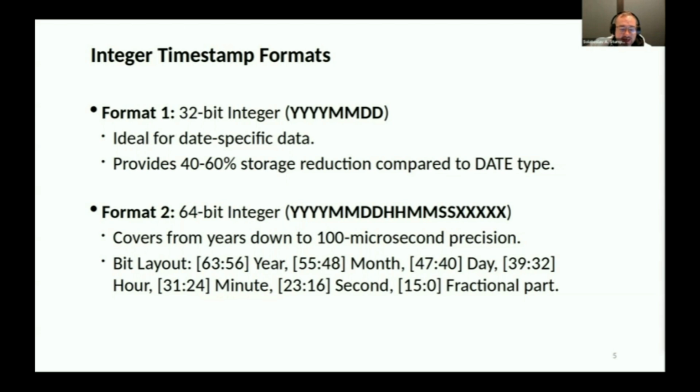Why? Just because of size. A 32-bit integer is just 4 bytes. Native datetime stores in a 16-byte record, so it's 4 times more.